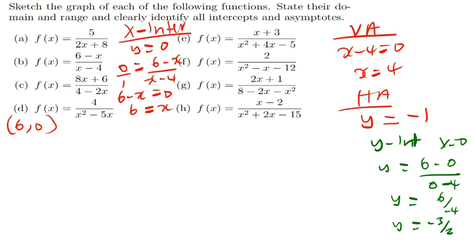When x is 0, y is negative 3 over 2. If you have both x and y intercepts, you do not need to reflect the graph in some cases. It's going to be reflected automatically, unless it's going to be one-sided, then we are going to reflect in that case.